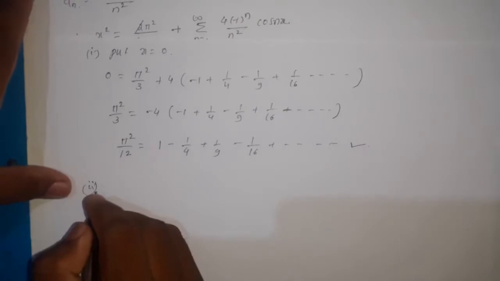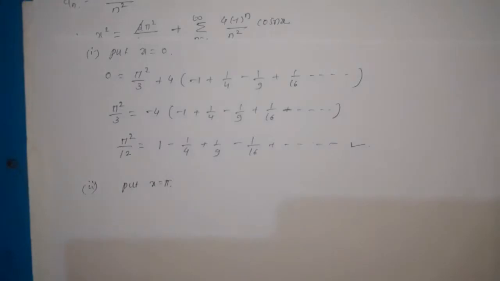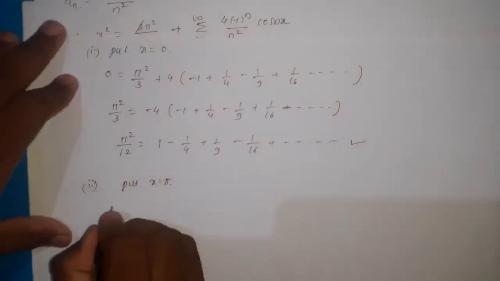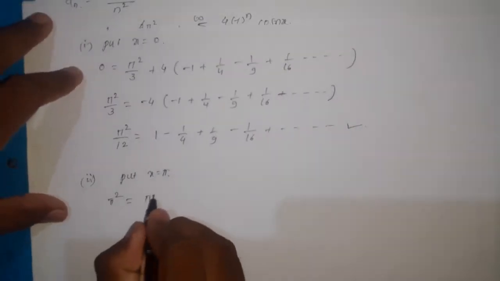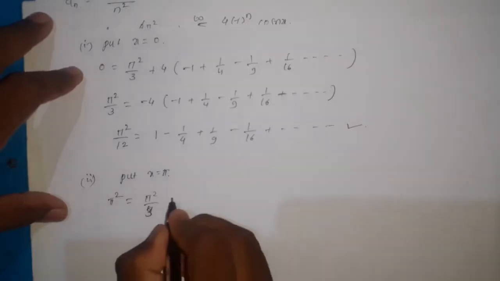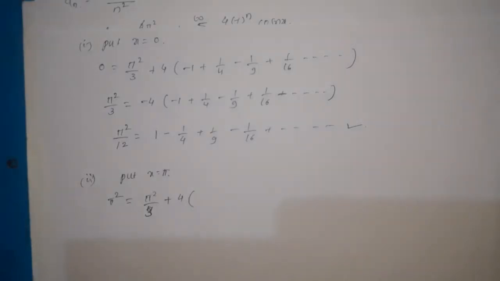Then second is, for the second result put x equal to pi. So therefore here x square is there, so that becomes pi square, it is equal to pi square by 3 plus 4 into, so here we know the values of cos pi and cos 2 pi, cos 3 pi and so on up to infinity, right?